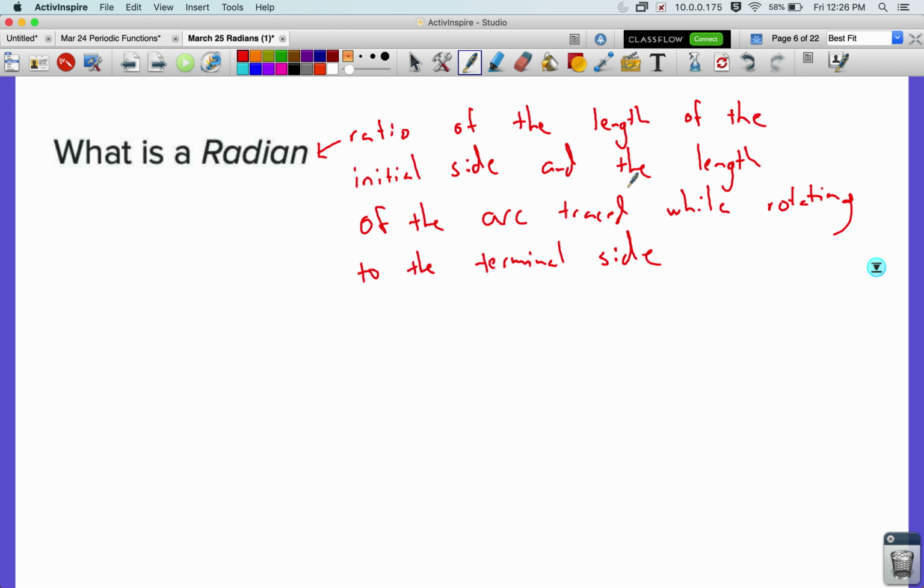And I wrote this a little bit backwards. It's actually the arc length divided by the initial side length that gives you radian. So we'll just write that as a formula, make it clear. It's arc length over, we'll say side length. Hopefully that's clear.